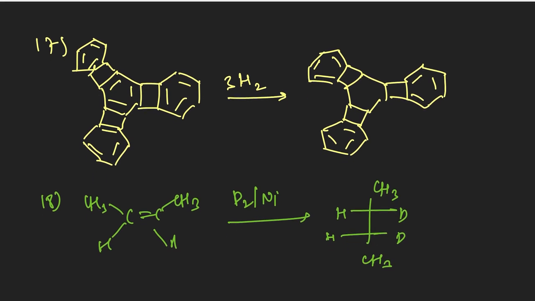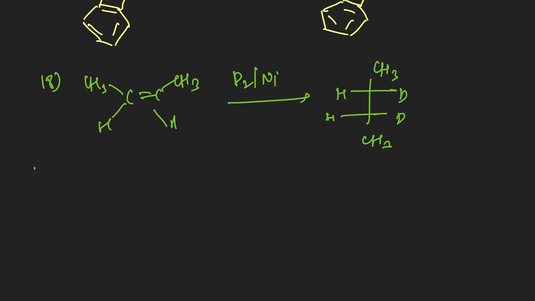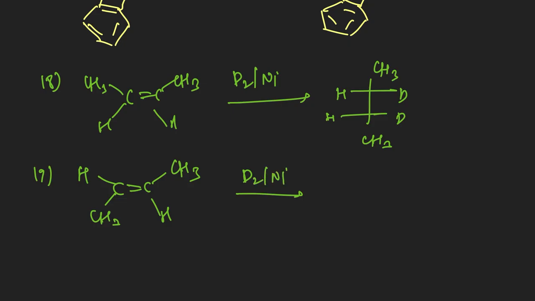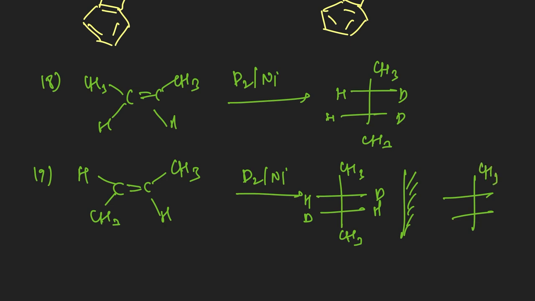And when we react the 19th, the trans, it will form threo. It will form erythro and it will form threo. What is erythro and threo?